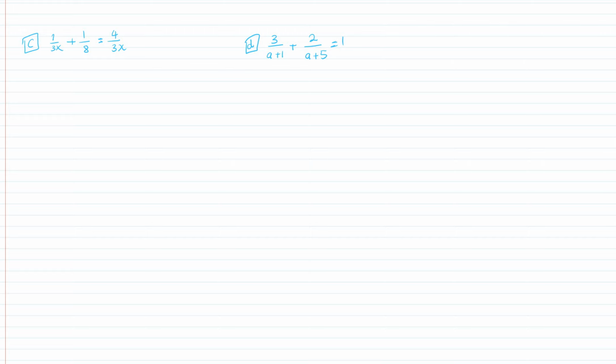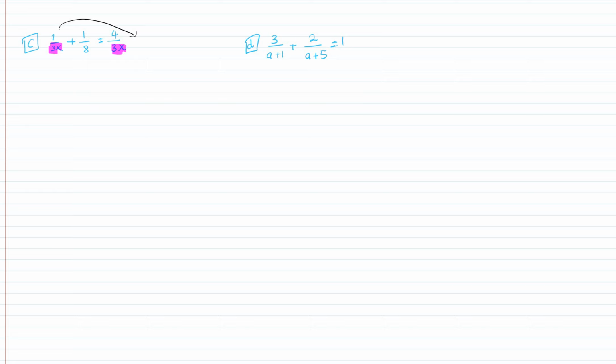What's the common denominator between 8 and 3x? Of course, if you don't know, you can multiply them, equals 24x. But in this question, students, if you check, there's an easier way than finding a common denominator, because this one is 3x and on the other side you also have 3x. If you move this fraction to the other side, they have a common denominator, you can simplify.